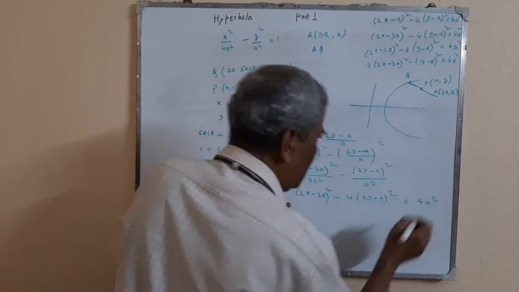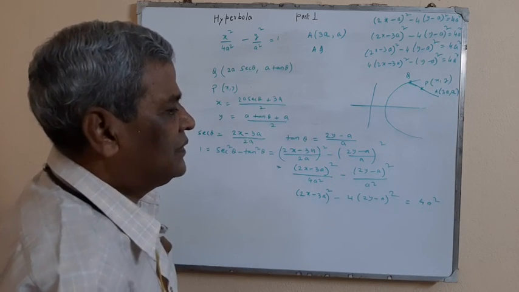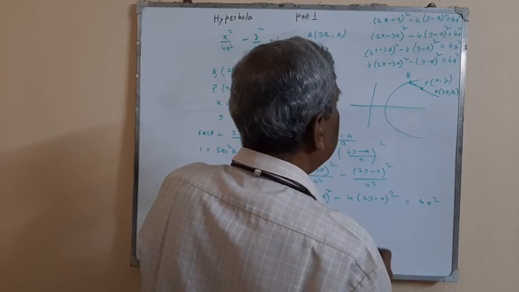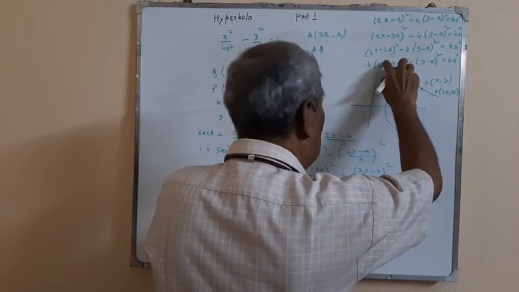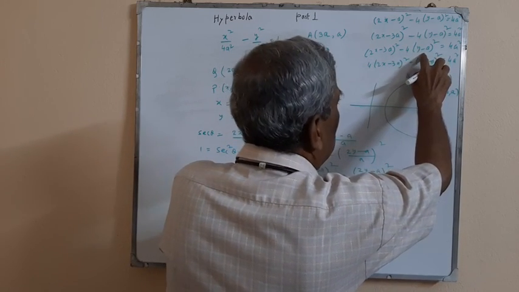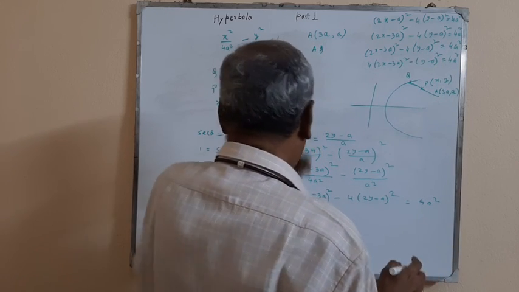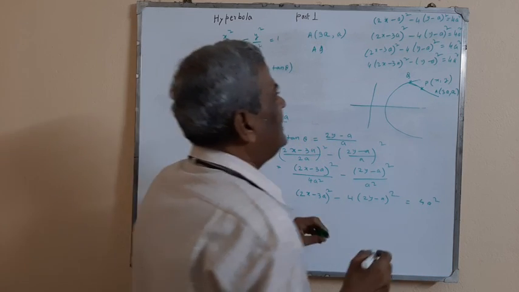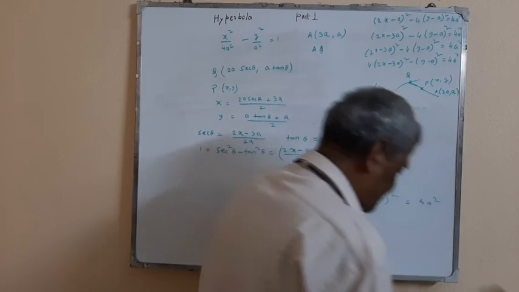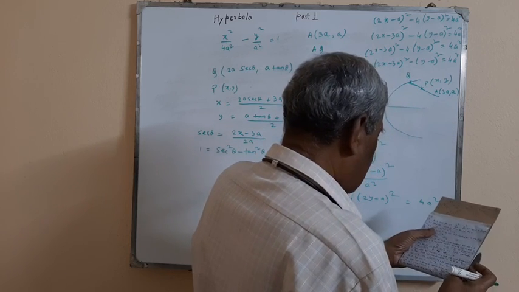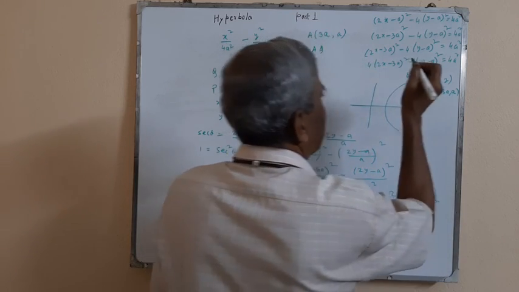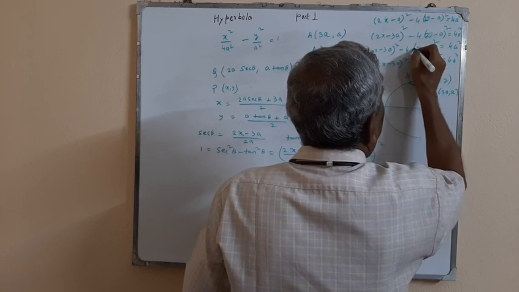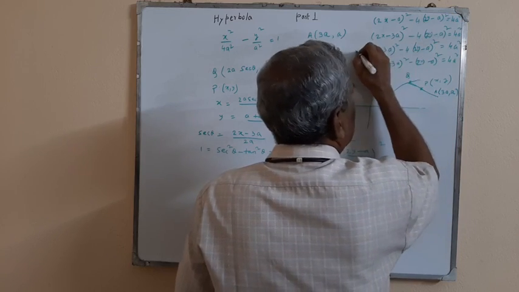This is the locus of midpoint of AQ. So the answer is 2x minus 3a whole square minus 4 into, I think the second option is 2y minus a, sorry. All are 2y minus a. So this option is correct.